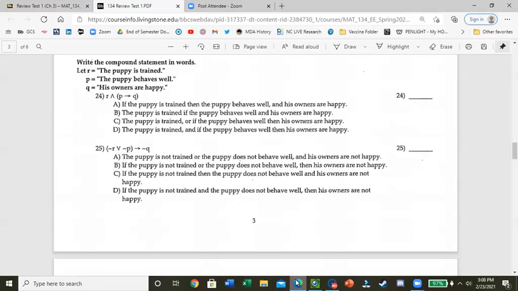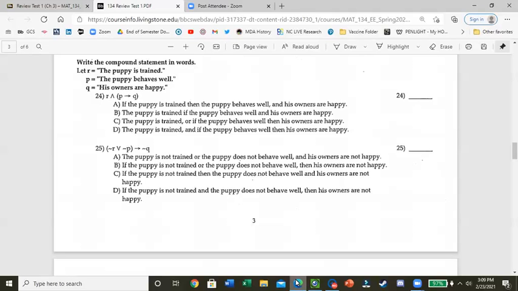So we have here R and if P then Q. So we could say R is the puppy is trained, comma, and if the puppy behaves well, comma, then Q is his owners are happy.